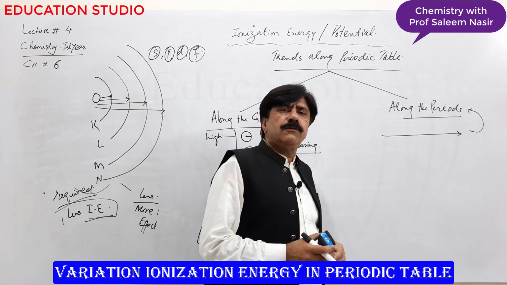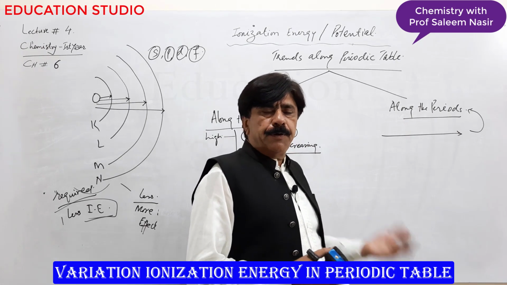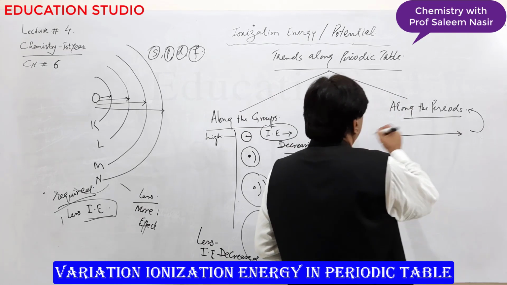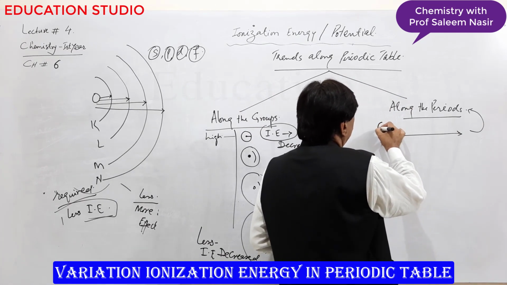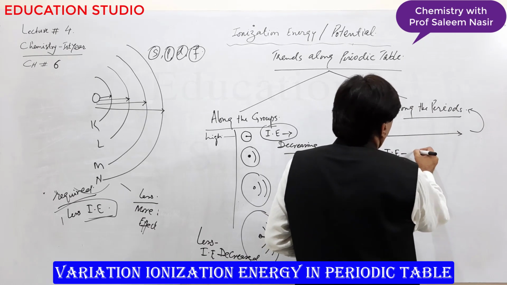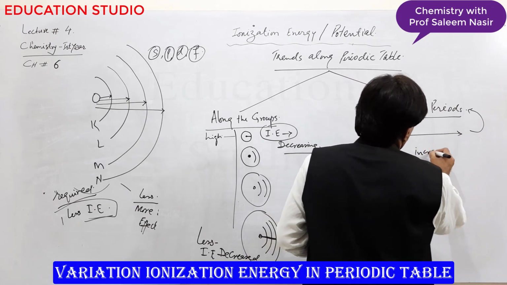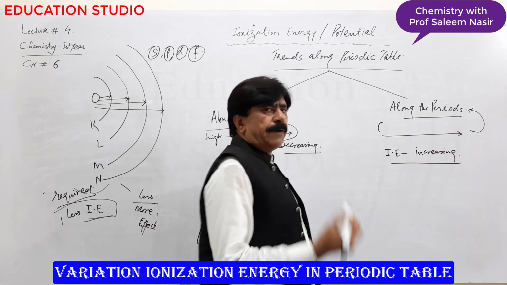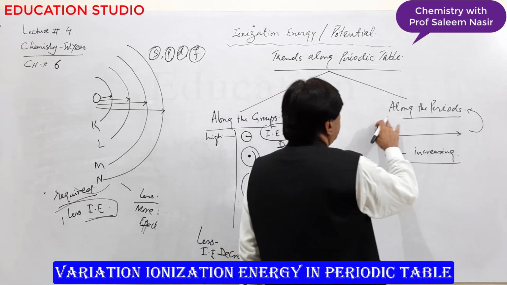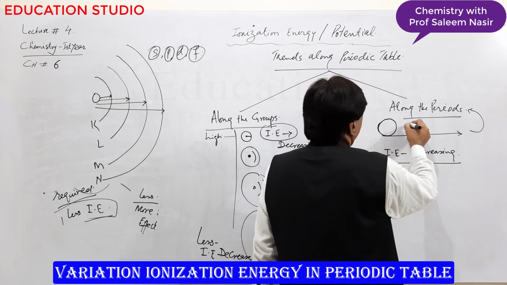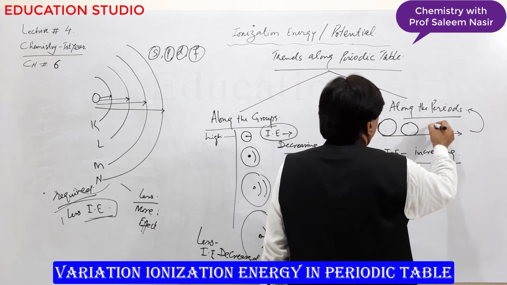As far as along the periods, the periods are the horizontal rows in the periodic table, and in this way the ionization energy goes on increasing. The reason behind it is that along the period the atomic radius goes on decreasing.